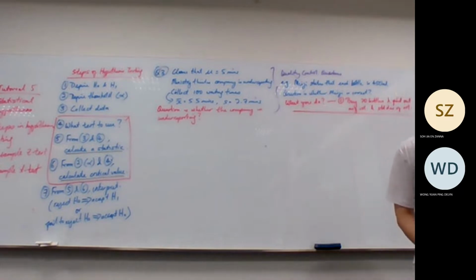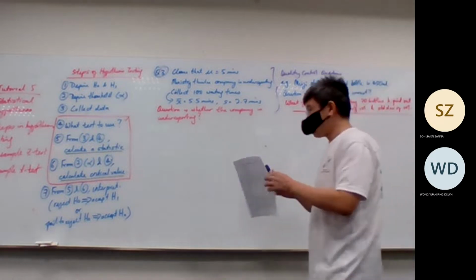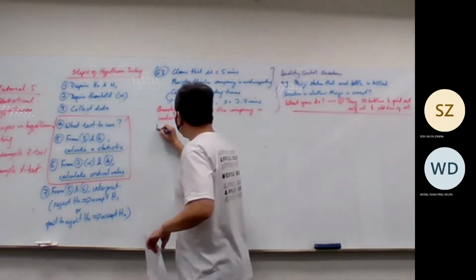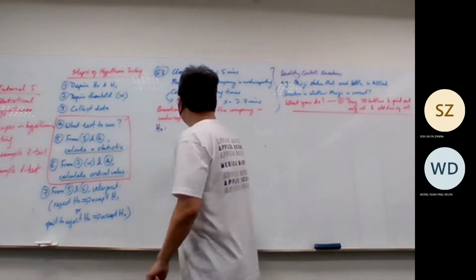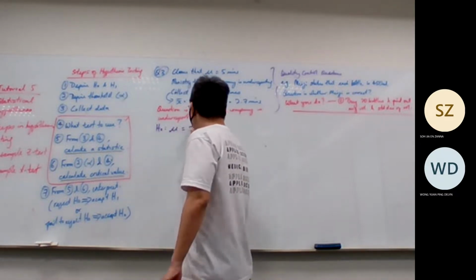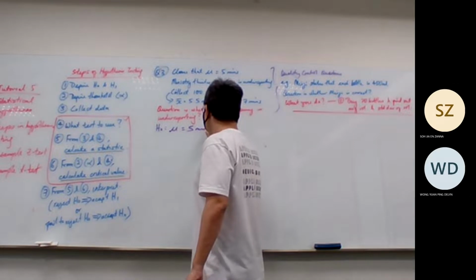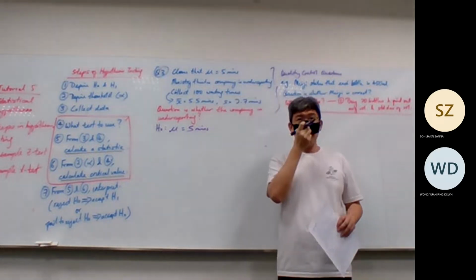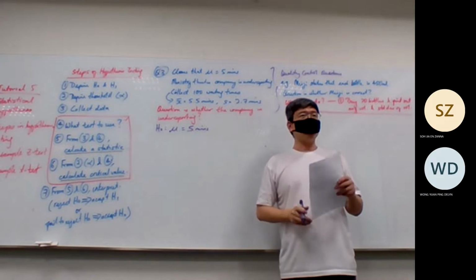Number one, what is our hypothesis? Our null hypothesis is the null hypothesis of no difference, which means that the average waiting time is 5 minutes. Please write the unit. If you don't write the unit, in a test, I'll just keep deducting marks from you.